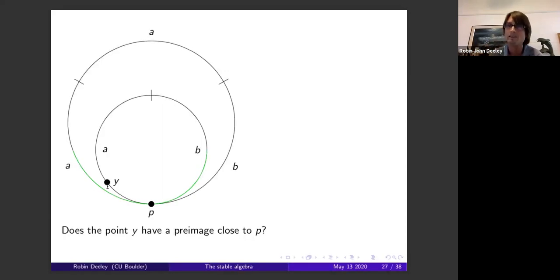Do these pre-images exist, right, is the question. Well, how do you find pre-images under this map? Well, this point Y is on the inner circle. So we are looking for intervals labeled with A, B. And then we find 2 of them.